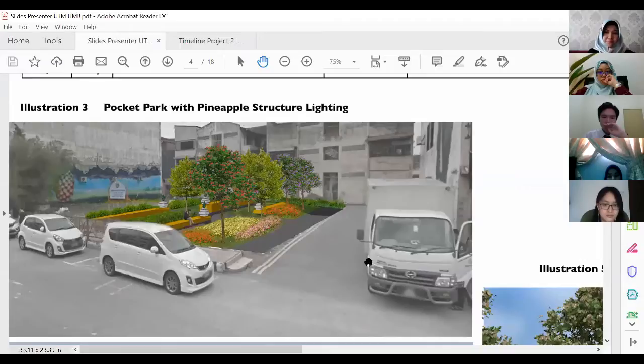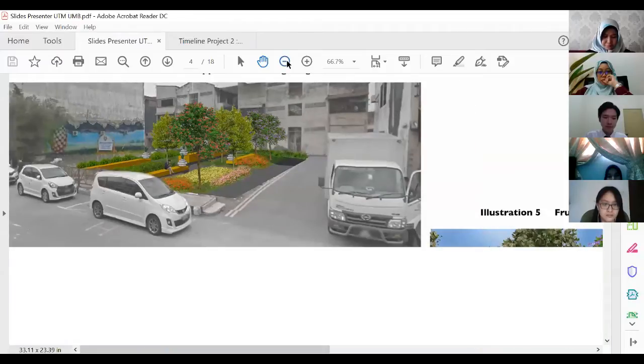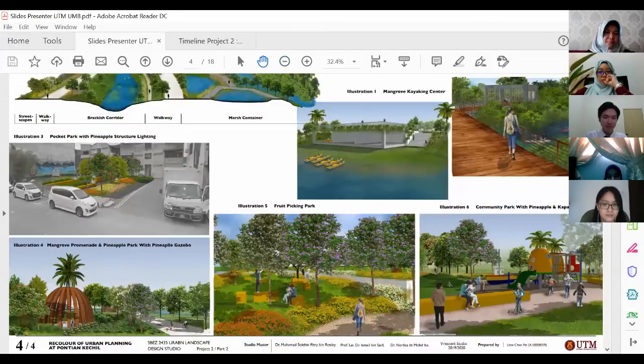Okay. So this illustration is showing a pocket park. Madam, can you zoom into the illustration, the number?